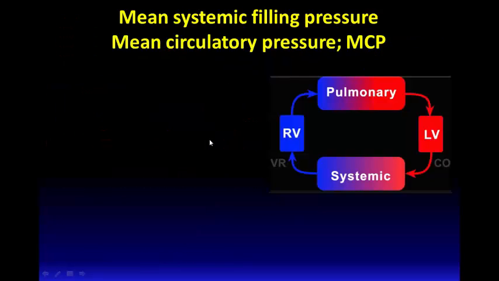Now let's describe the other pressure which affects and determines the venous return in more detail.